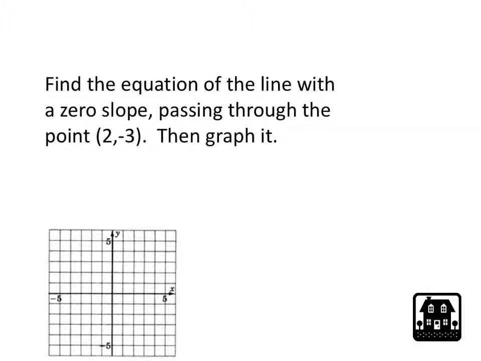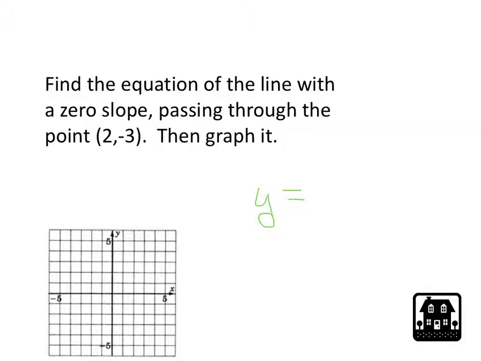What if we were to graph an equation with a 0 slope that passes through the point 2, -3? Well, if it has a 0 slope, it's like a flat roof. It's horizontal. So we know we're going to graph a horizontal line, and we know that a horizontal line has a y value, but it doesn't have an x value, because we've learned that. So we have y equals something.